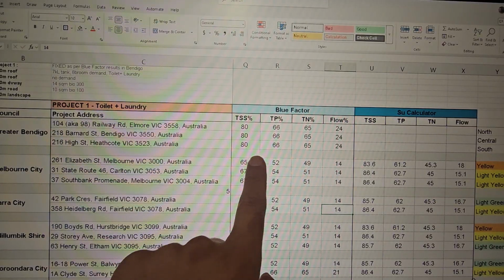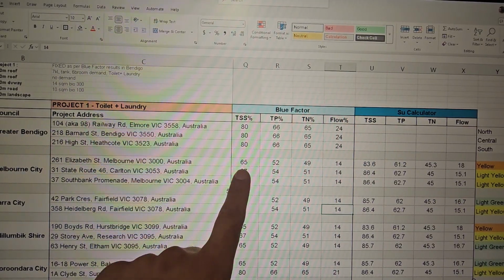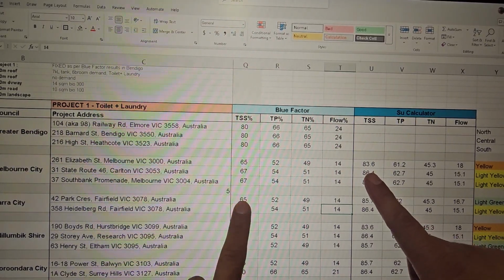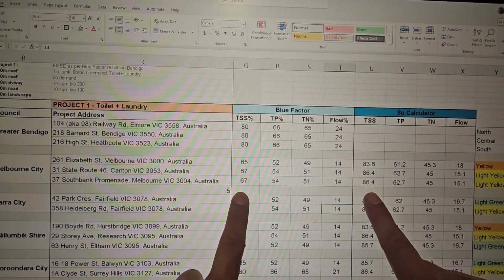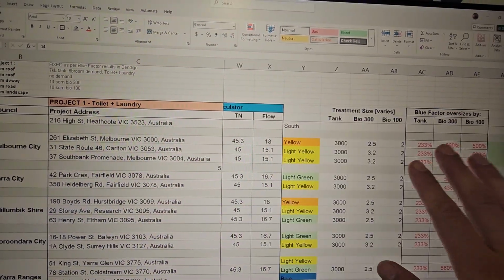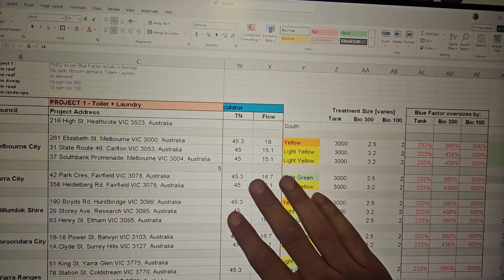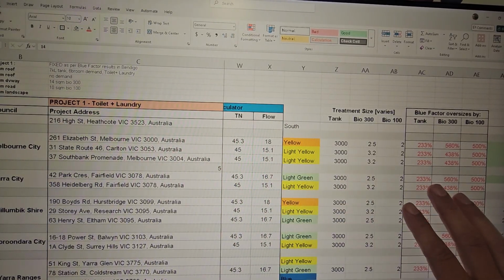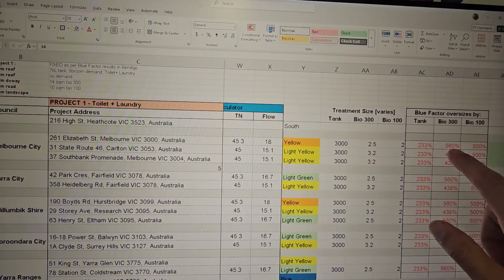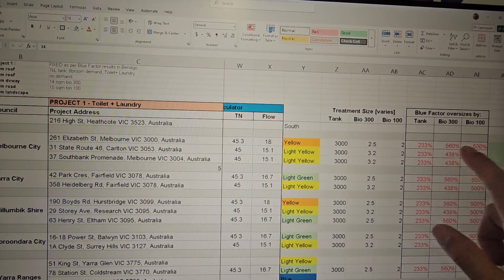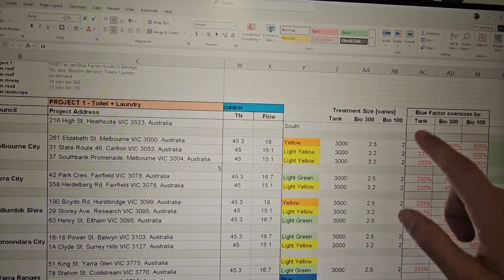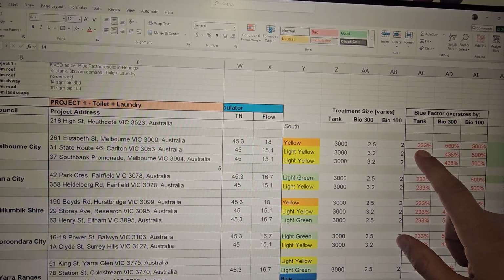And with Blue Factor, you fail your TSS, 65% reduction versus 83, 67 versus 86, and 65 or 67, right? So for a project such as this, if you want to use Blue Factor instead of SU Calculator, your 300 millimeter EDD bios should be oversized by 560%, your 100 millimeter bio by 500%, and your rainwater tank by 233%.